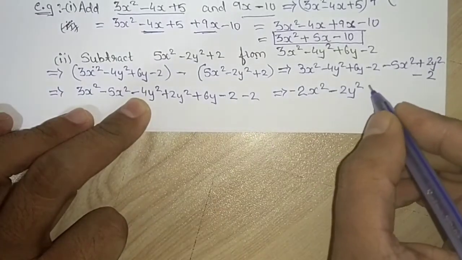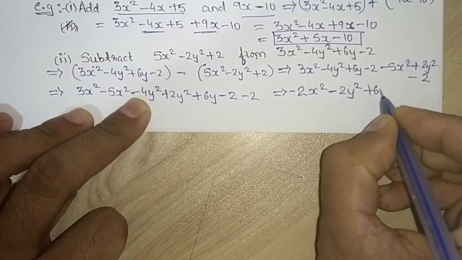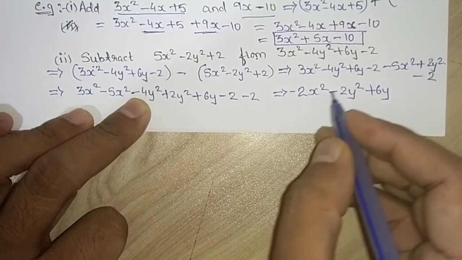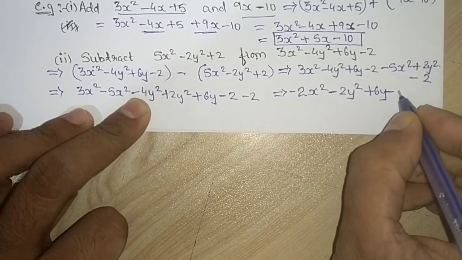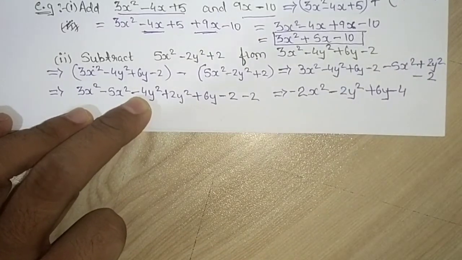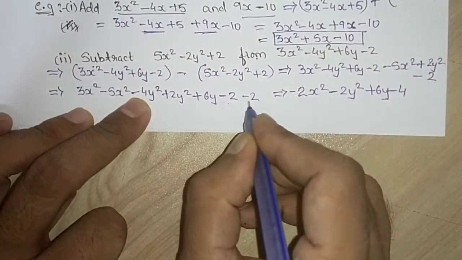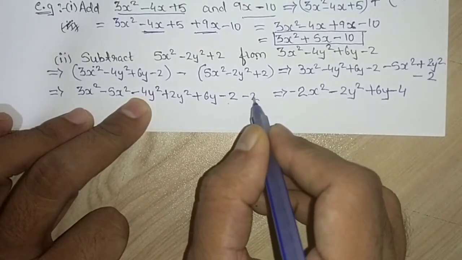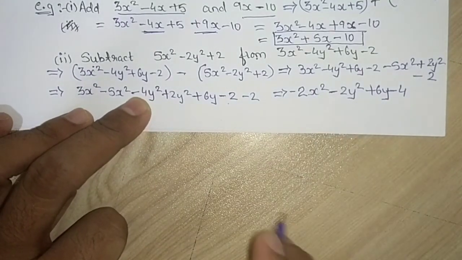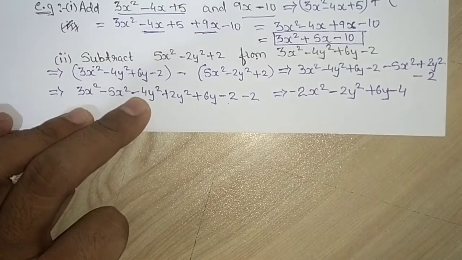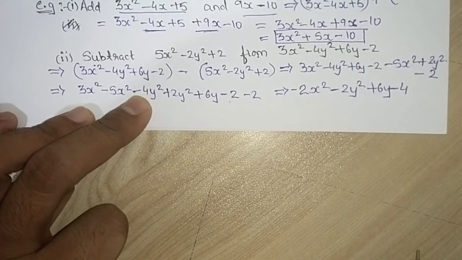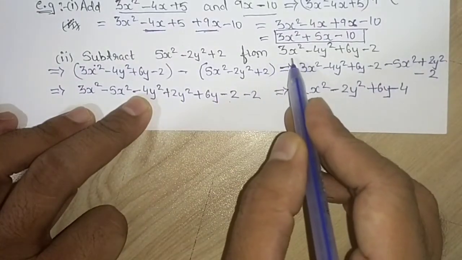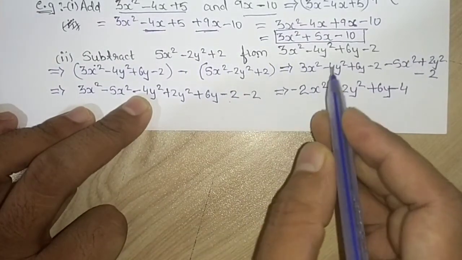Then the remaining is plus 6y, and minus 2 and minus 2 will become minus 4. Students, here we are not multiplying, we are adding the minus 2 with the minus 2. So it will eventually become minus 4. So this is the answer for the above subtraction of two expressions.